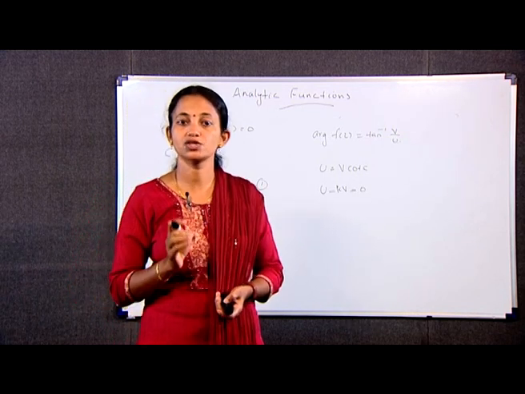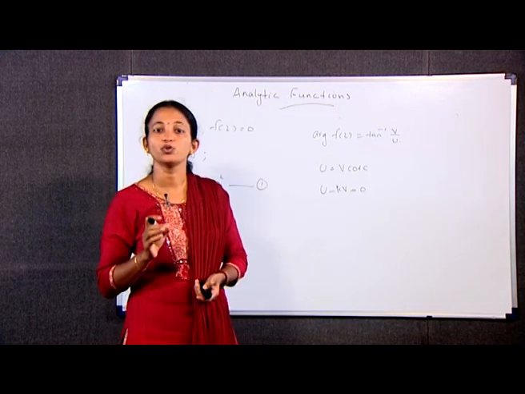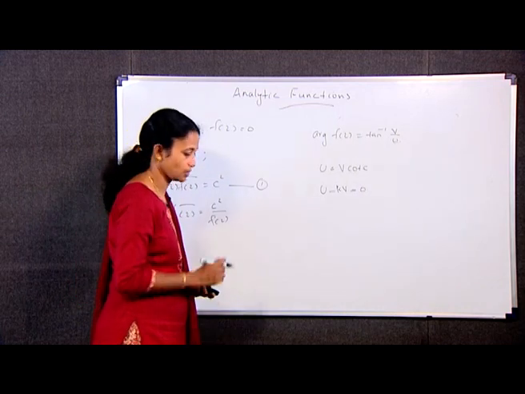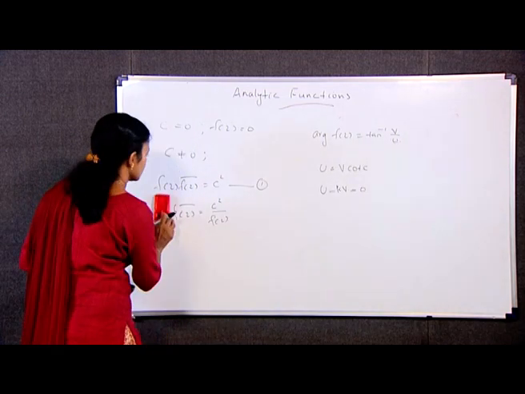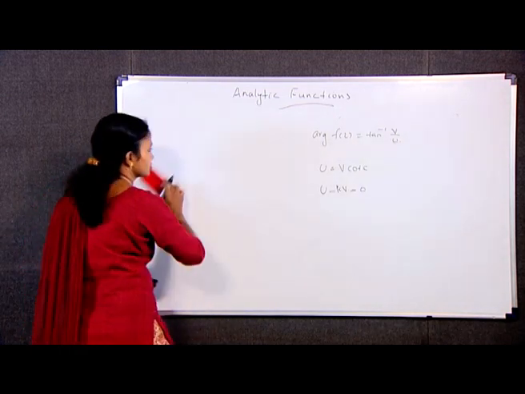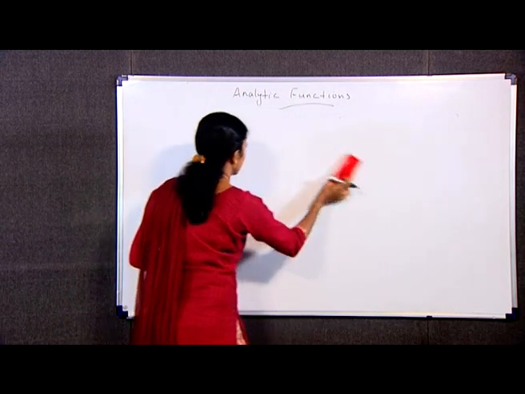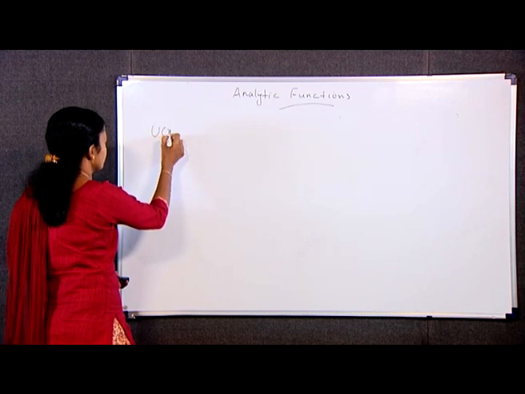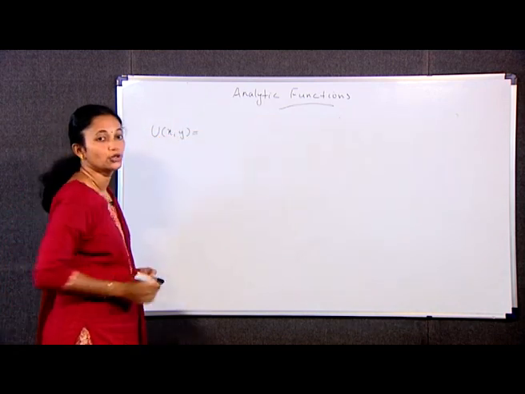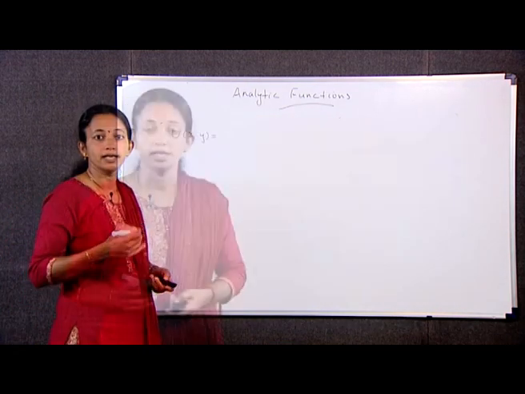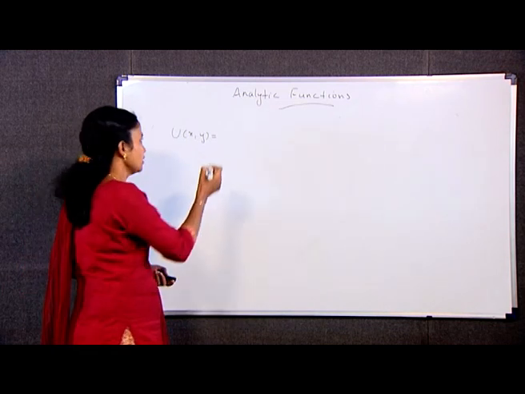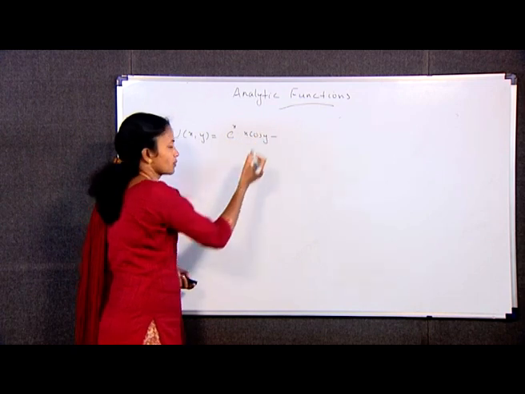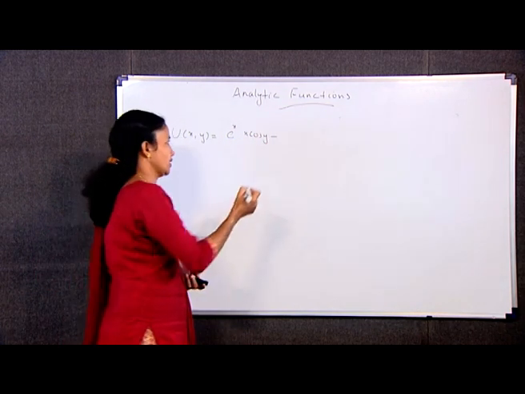If the desired function is F(z) is equal to u(x,y) plus i v(x,y), then we can write u(x,y) is equal to e raised to x into (x cos y minus y sin y).